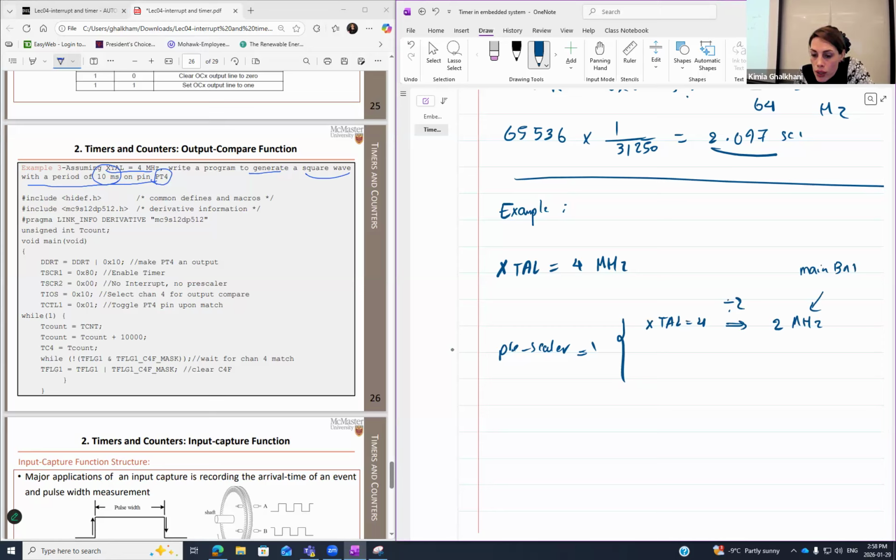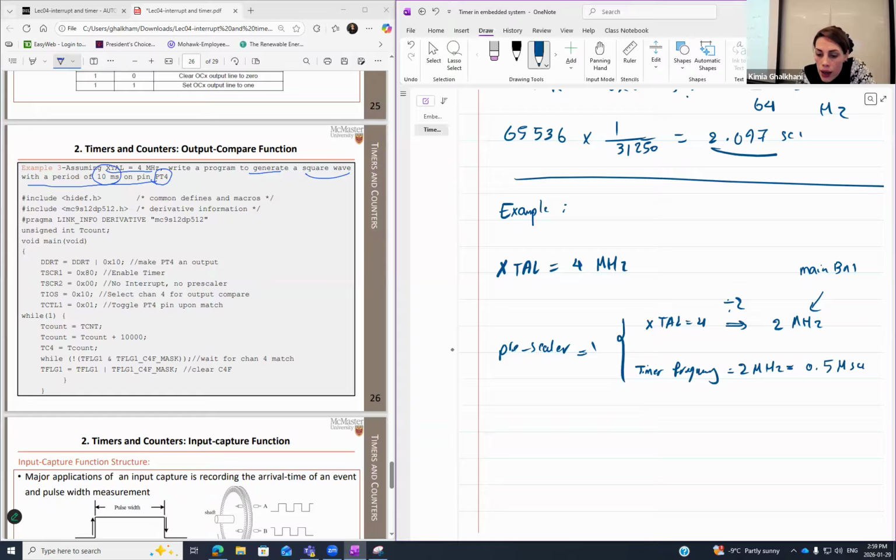How about the timer frequency? Since I have that one, I can simply calculate. It's 2 megahertz, and the timer period becomes 0.5 microsecond.